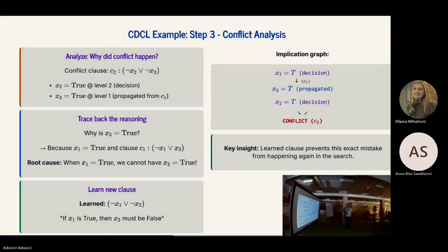The algorithm will find why the conflict happened. So we can find the right assignment, and the algorithm can learn a new clause. The key insight from this conflict analysis is the algorithm can learn and prevent these exact mistakes, so the same mistakes can't happen again in the next steps.